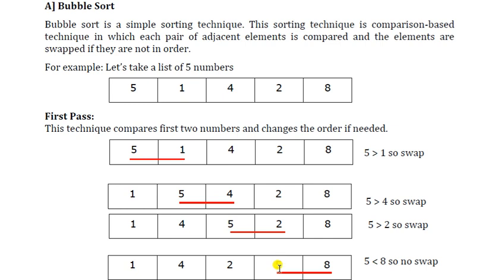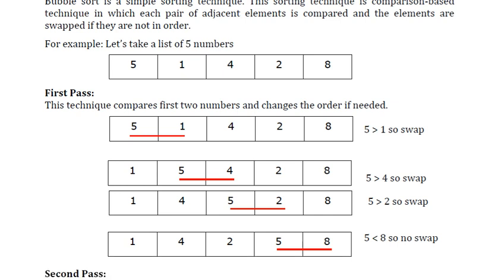And at the last, with the last element, 5 is compared to 8, where 5 is less than 8 and there is no swap done. This was the first iteration, wherein the 1 has come as the first element.